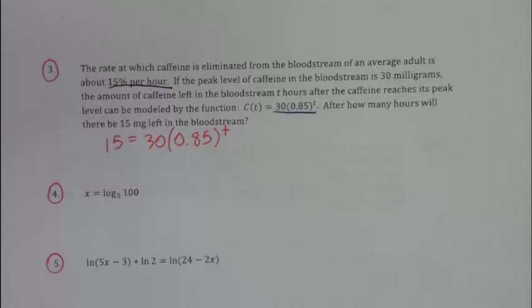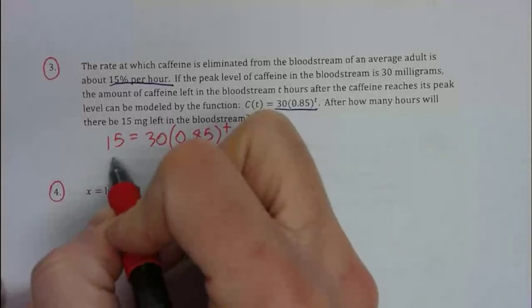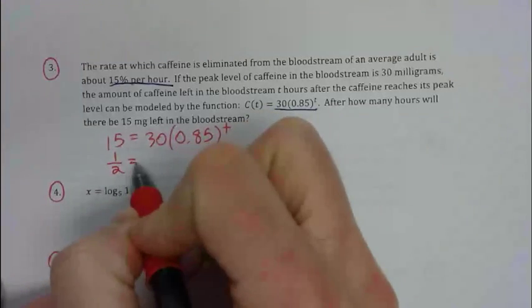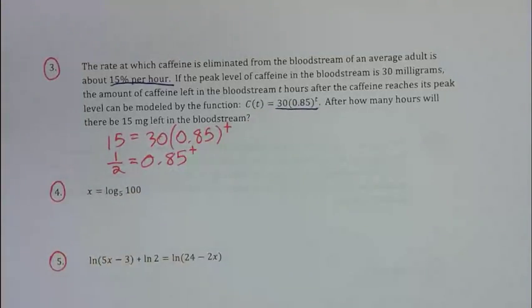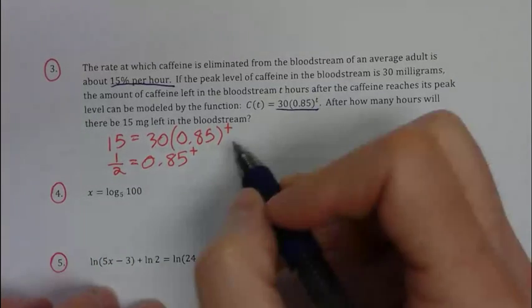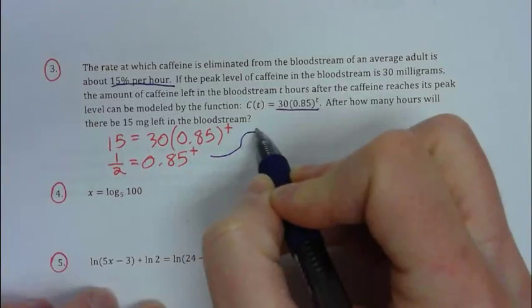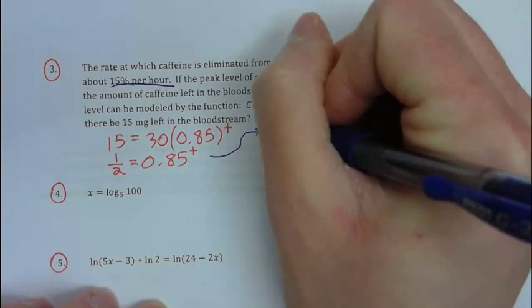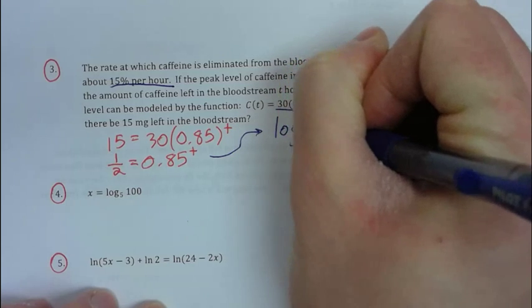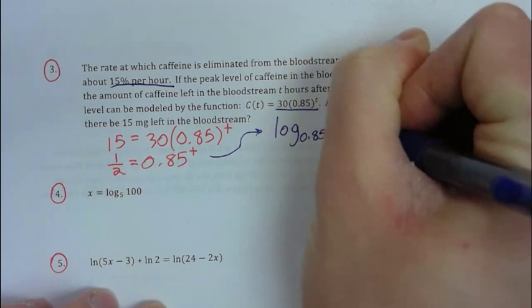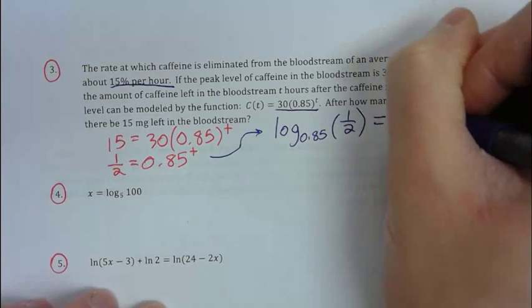So if I divide both sides by 30, that means that I would have 1/2 is equal to 0.85 to the power of t. And so the easiest way to approach this problem from here would be to rewrite it as a logarithm. So we would have log base 0.85 of 1/2 equal to t.